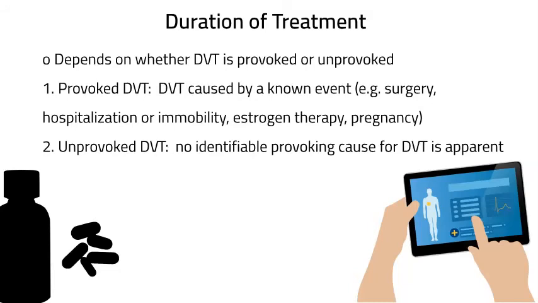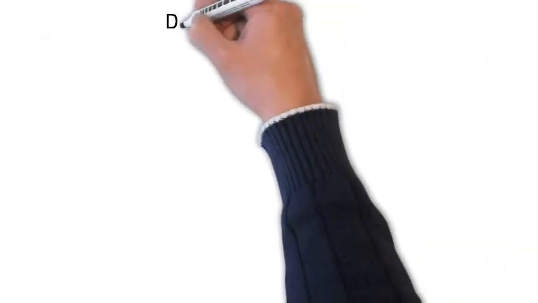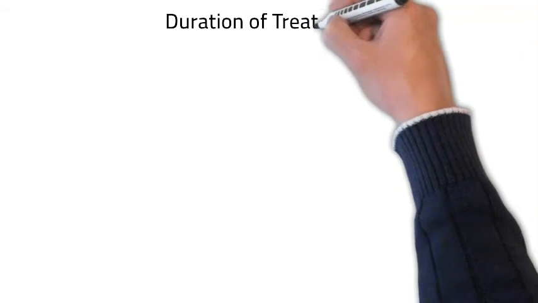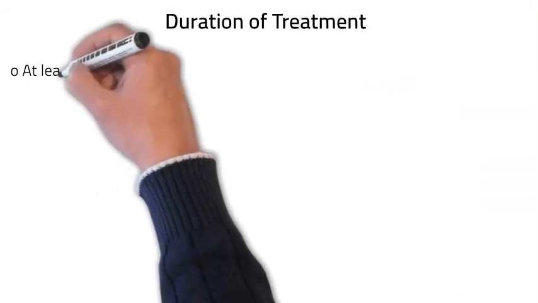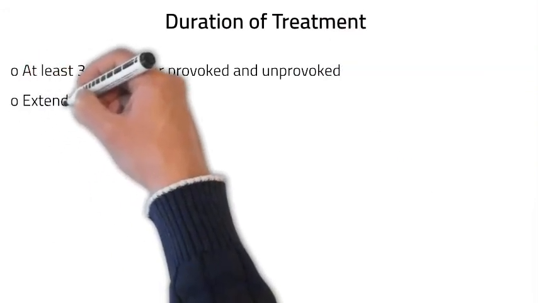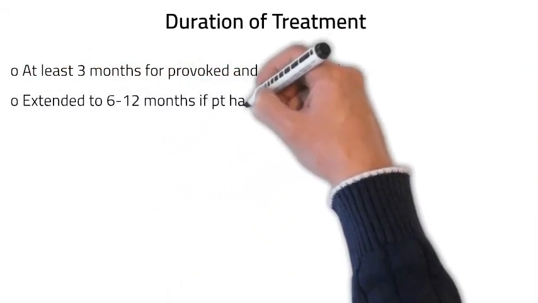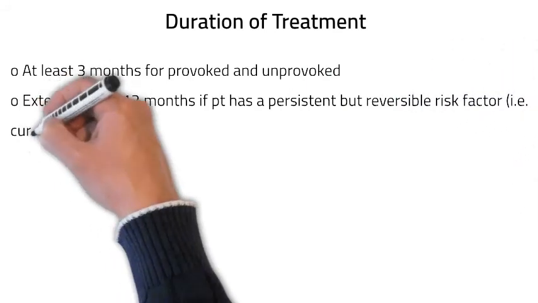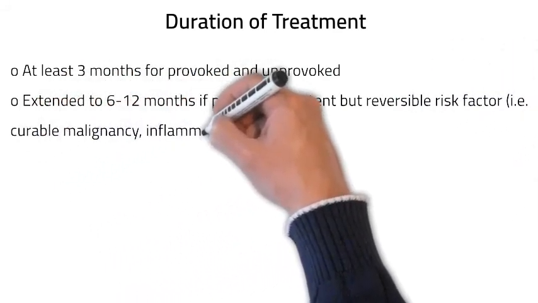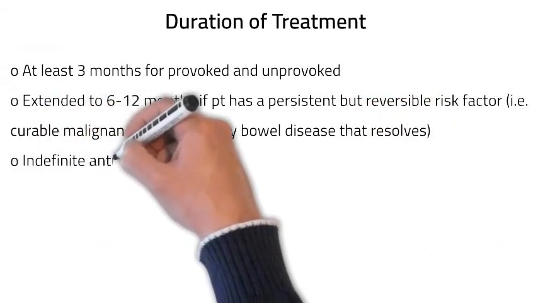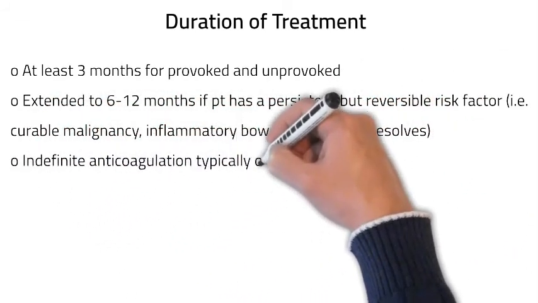Well, the duration of therapy in general for provoked and unprovoked DVT is at least 3 months. So, in these 3 months, the risk of recurrent thrombosis is highest if the patient is not anticoagulated. So, remember that this is an anticoagulant that we're talking about. These are not thrombolytics, so all of these anticoagulants, they don't actually break up the clot.